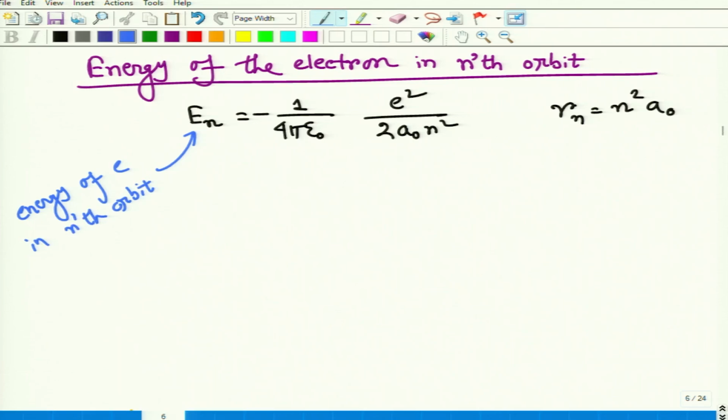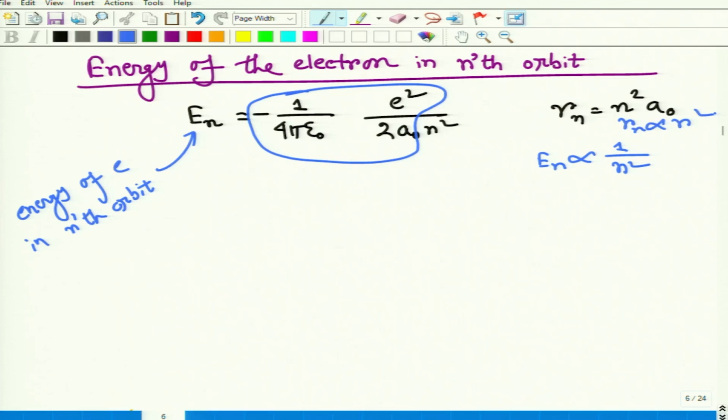In principle, here n can go up to infinity, and all the parts except n square are constant. So we can also write En proportional to 1 by n square, as Rn is directly n square, but energy is proportional to the inverse of n square, n to the power minus 2.